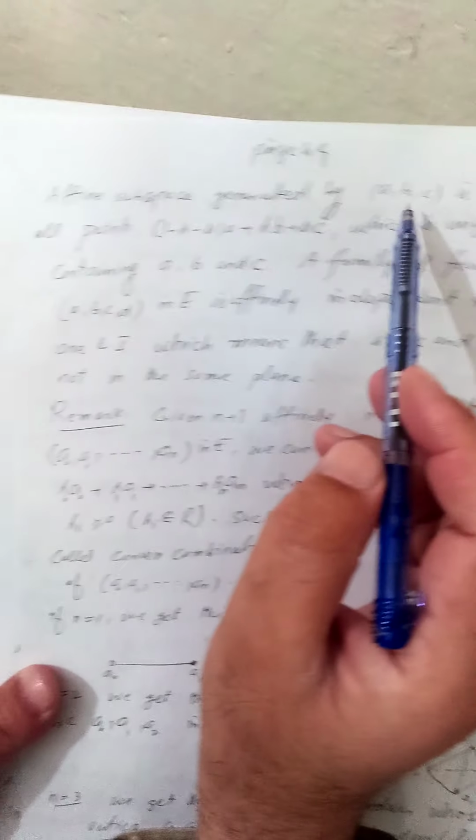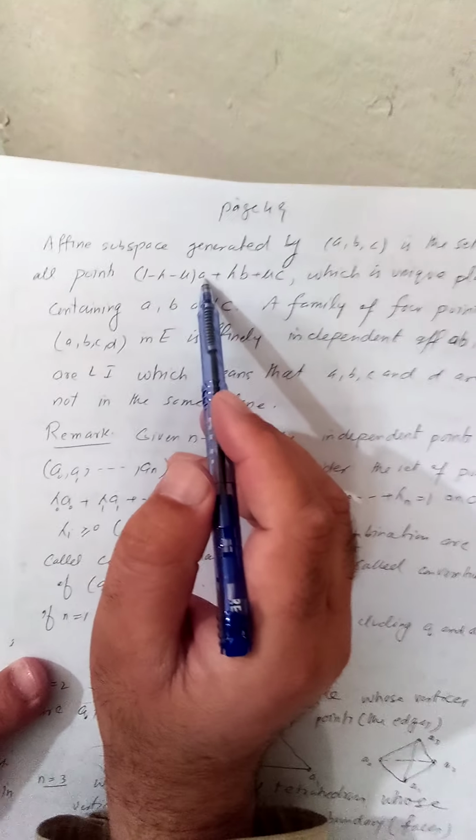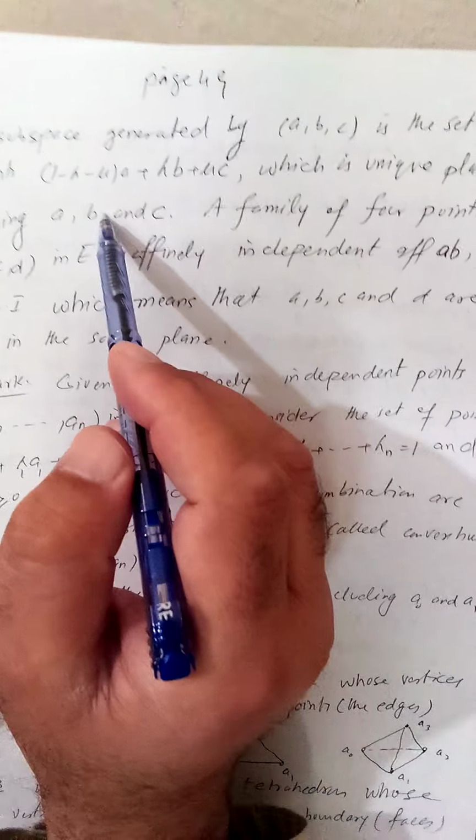Here, the affine subspace generated by A, B, C is the set of all points (1 minus lambda minus mu) A plus lambda B plus mu C, which is the unique plane containing A, B, and C.